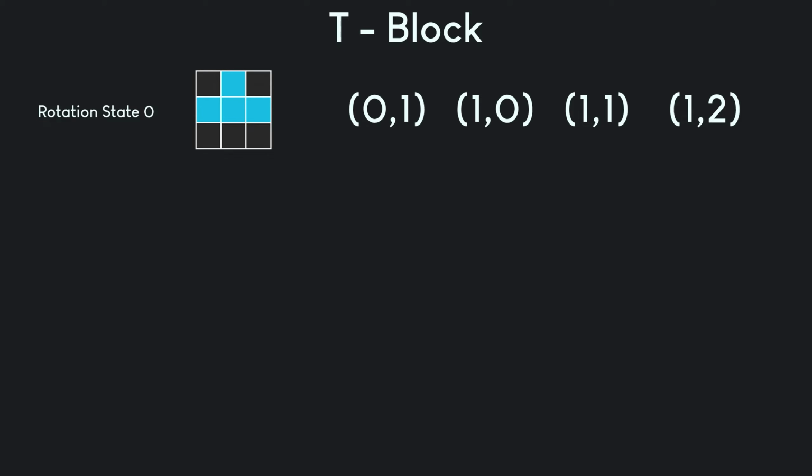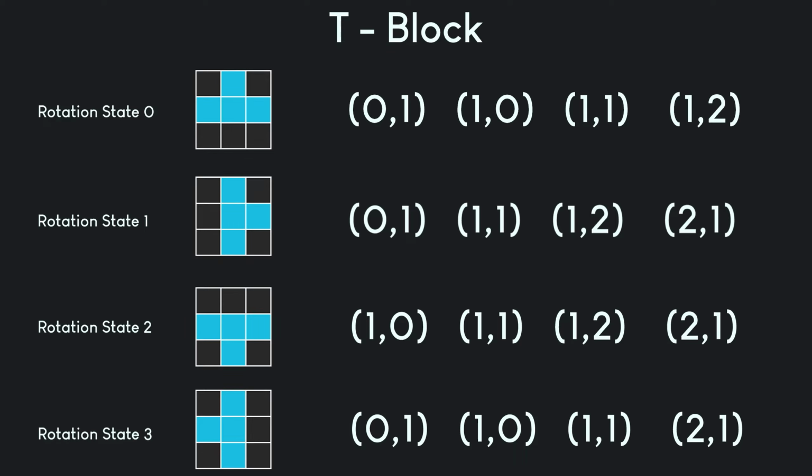We also need to store 1, 0, 1, 1, and 1, 2 for the other occupied cells. We repeat this process for the T block's remaining 3 rotation states, storing only the occupied cells for each. This is how we represent all the blocks in Tetris, using this same process for each one.